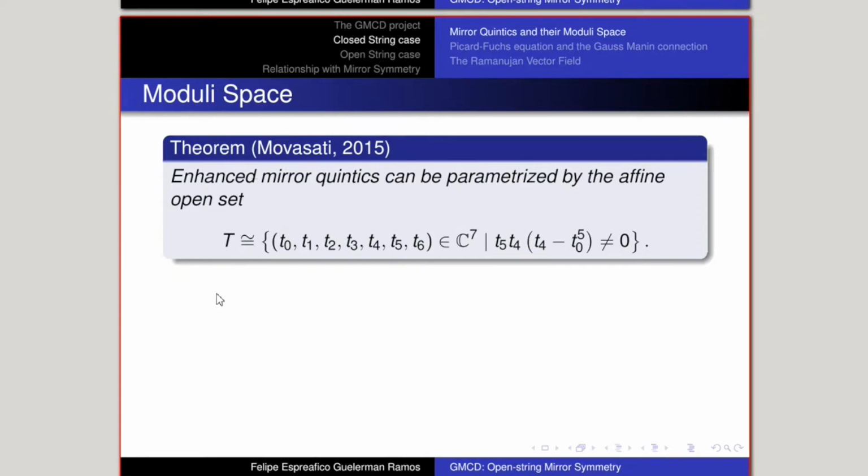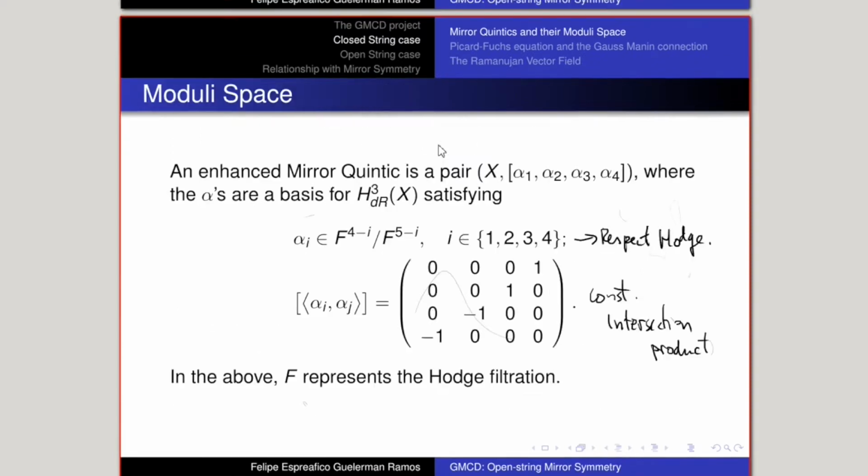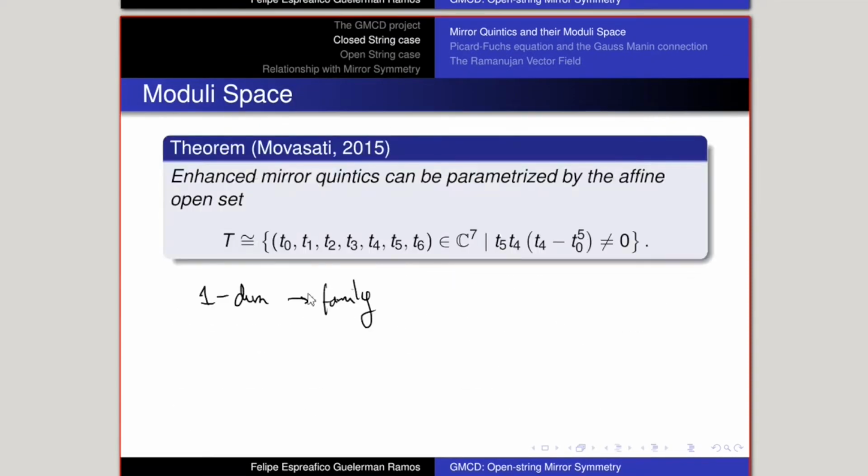The idea is that one dimension is for the family. The mirror quintic here is a one-parameter family, right? So one dimension is for this variation of the complex structure.